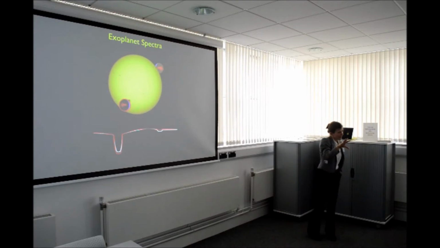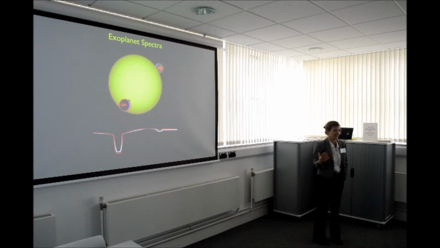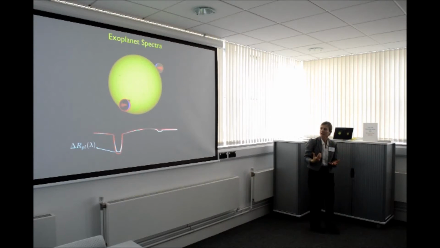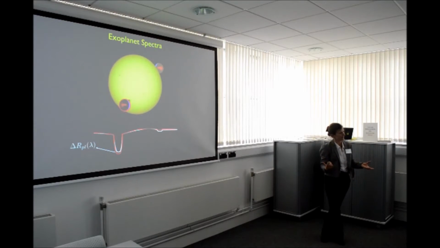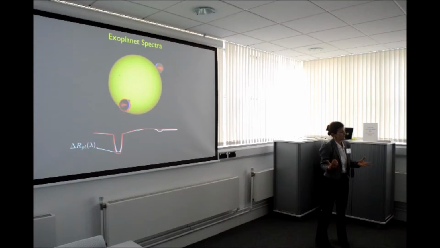Now, if you look at different wavelengths, that atmosphere transmits or blocks light depending on its constituents, depending on what's in that atmosphere, and it blocks the light at different wavelengths, at different sizes. So if you look at a wavelength where the atmosphere is opaque, the transit is actually slightly deeper and slightly longer than if you look at a wavelength that only detects the core.